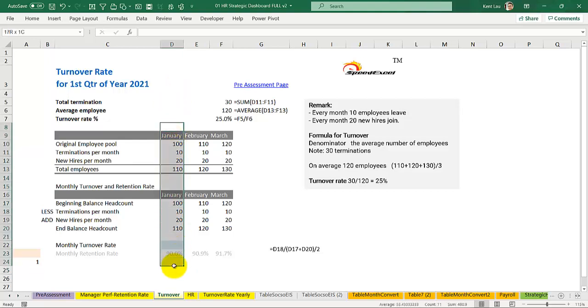Let's say you only have January, and you have no February, no March. There's nothing to compare. If there's nothing to compare, you don't know whether you are progressing or not. So therefore you need to take two timestamps rather than just one month. So that is how you calculate the turnover rate and also the retention rate.